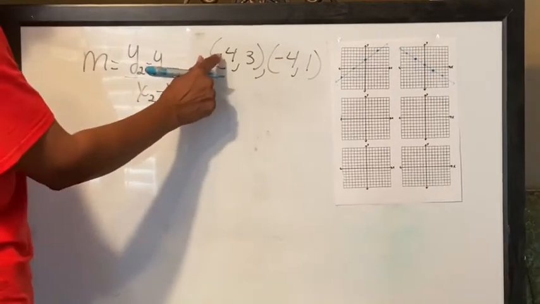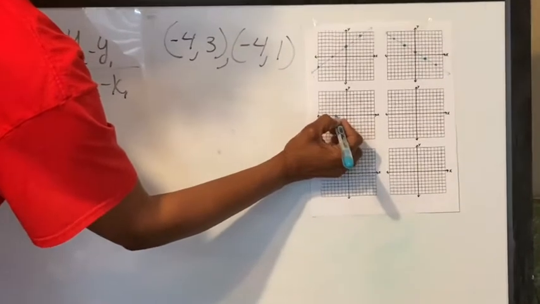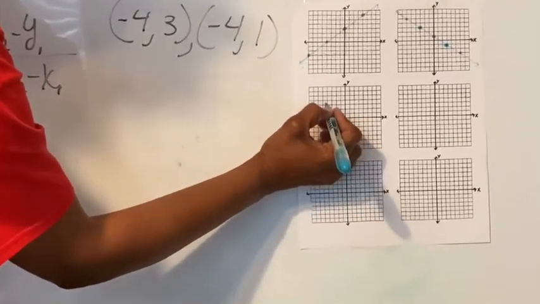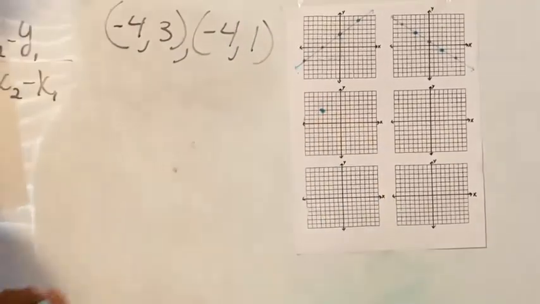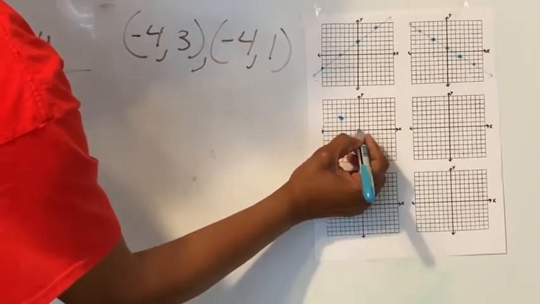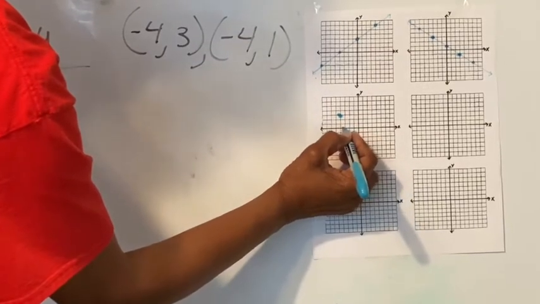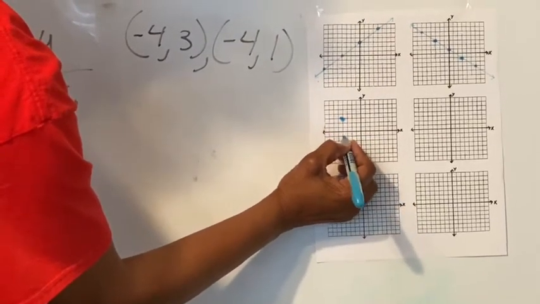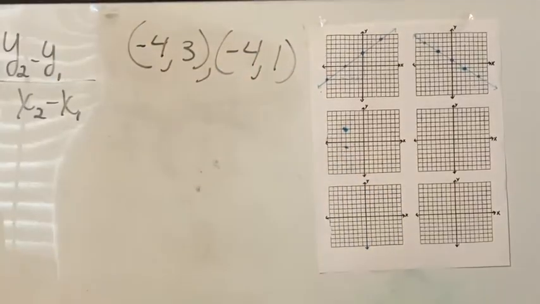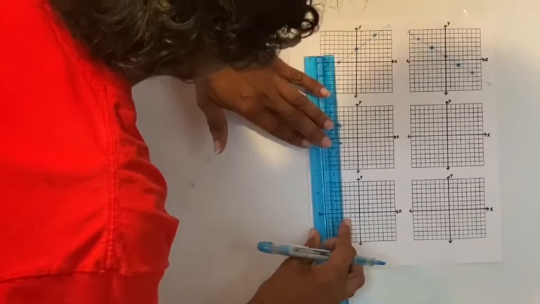I'm going to graph the point -4, 3, so that means I'm going to come over 1, 2, 3, 4, and go up 1, 2, 3. Then I'm going to do -4, 1. 1, 2, 3, 4, and go down 1. And I'm going to draw my line. Take my straight edge, draw my line.